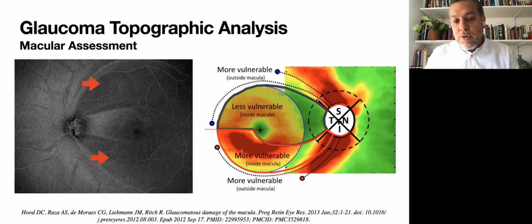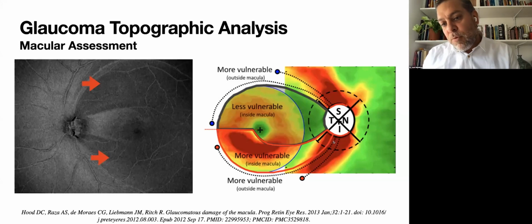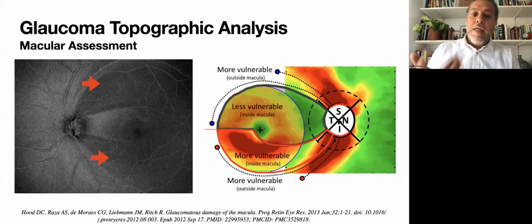Here is the more vulnerable zone on the macula. This is inside the macula. All these axons from all these ganglion cells come into this small region of the inferior part of the disc. Also, outside the macula, the ganglion cells that are over here take their axons and go into this small region of the disc.